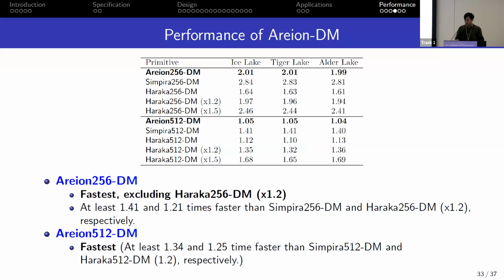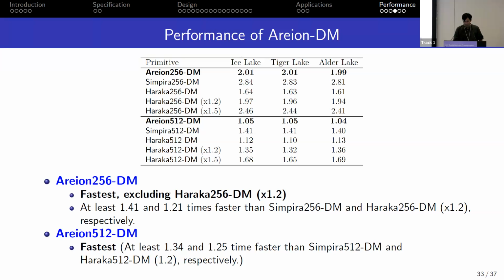And this is the performance of Rayon DM. Rayon 256 DM is the fastest, excluding the Haraka 256 DM 1.2 times variant, and at least 1.41 and 1.21 times faster than Simpira 256 DM and Haraka 256 DM 1.2 times variant, respectively.